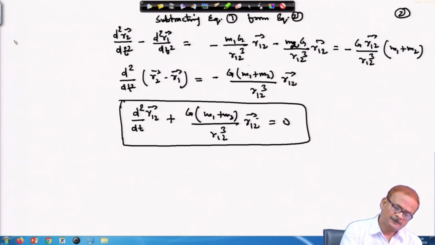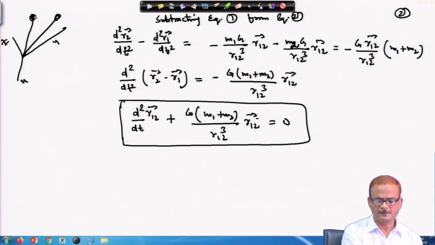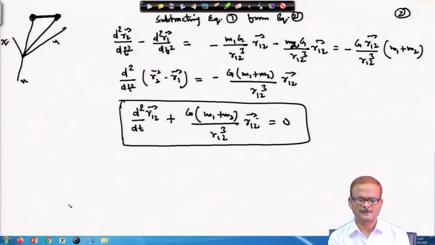Remember that we have written the equation of motion of each of these two particles in an inertial frame. Directly we have not taken this frame and started writing the equation of motion with respect to it. If you do that, that will be absolutely wrong.